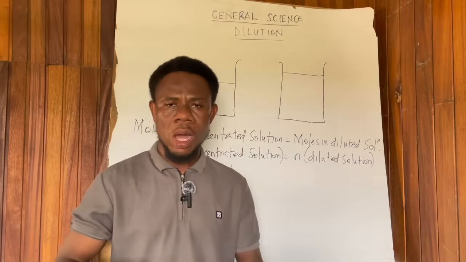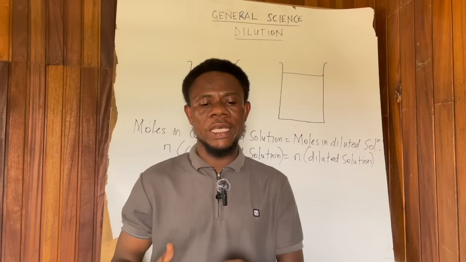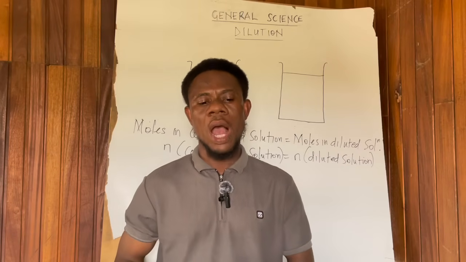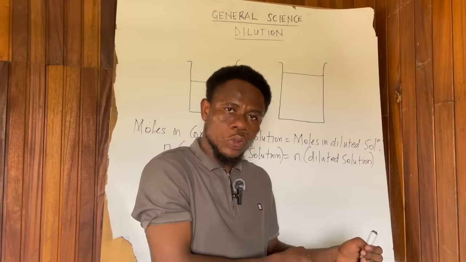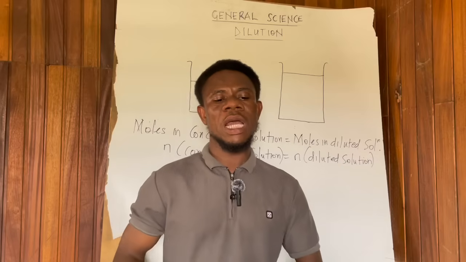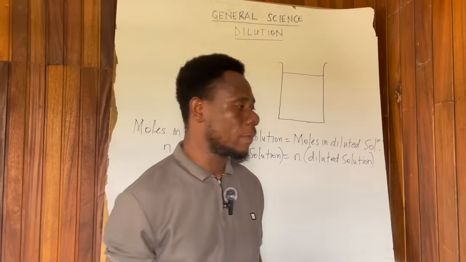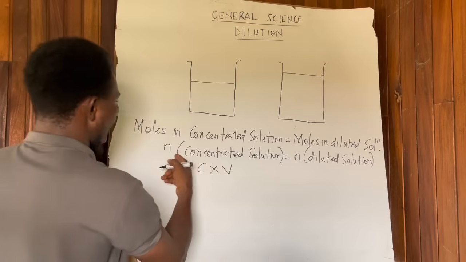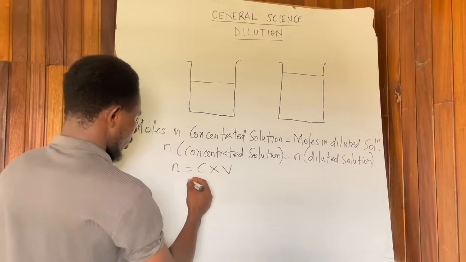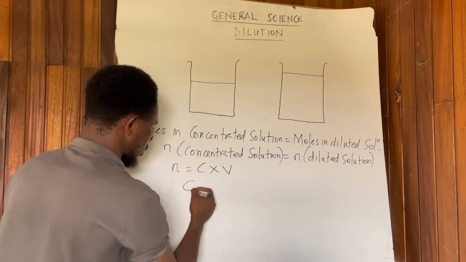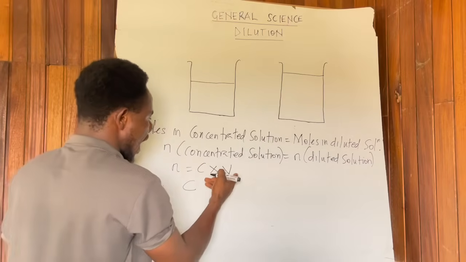The formula for amount of substance is N equals C multiplied by V. So let's take the amount of substance in the concentrated solution and the amount of substance in the diluted solution, since they are the same.